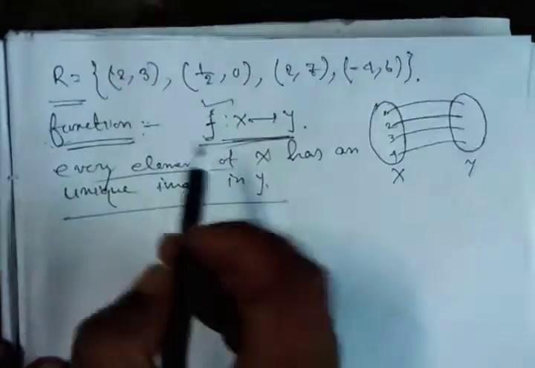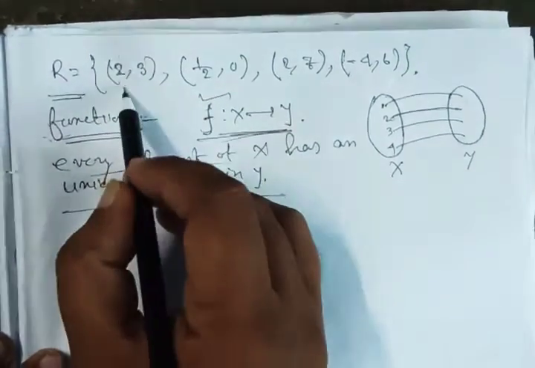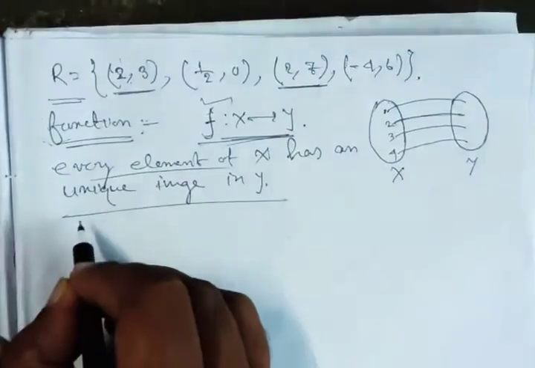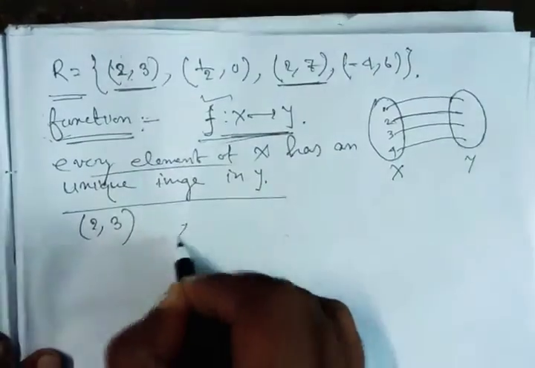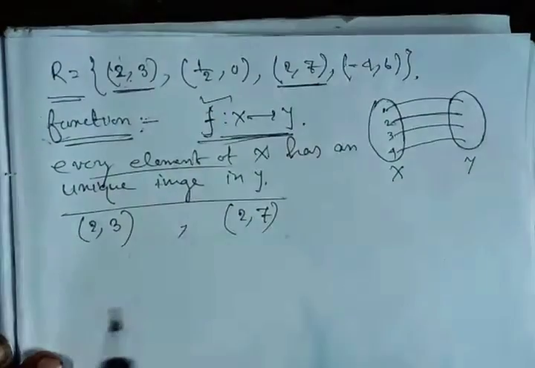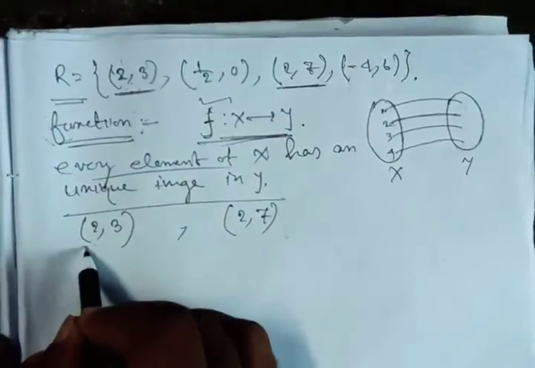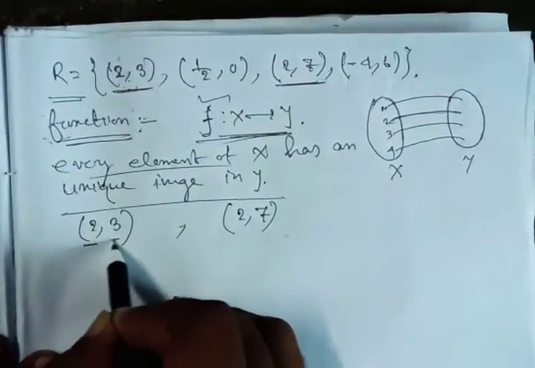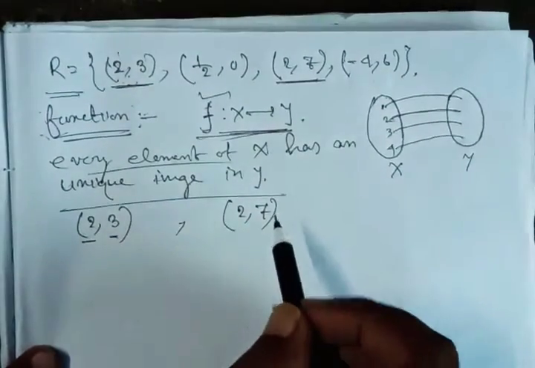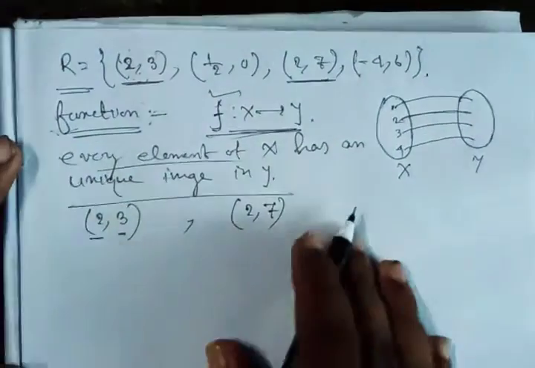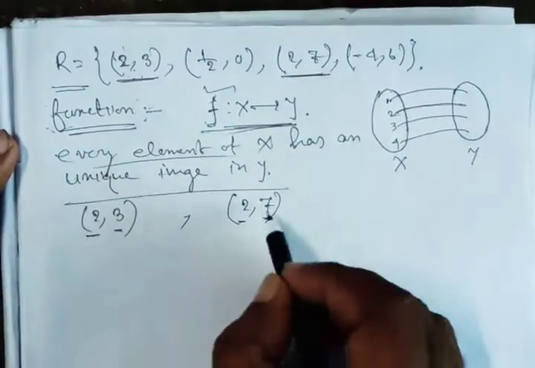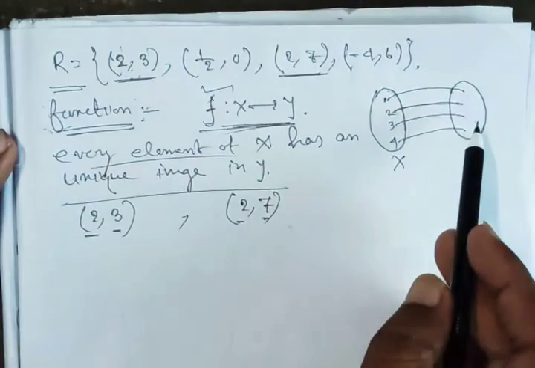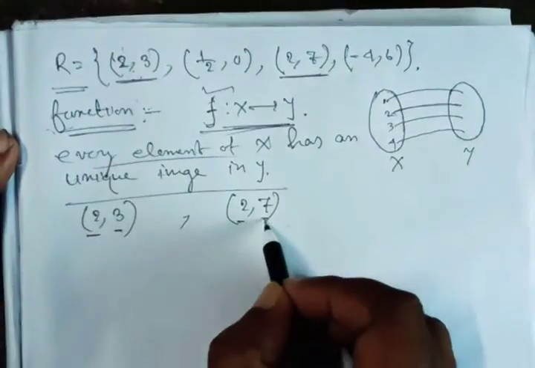Now we have to see here the ordered pairs (2, 3) and (2, 7). In this relation, this is the element of the first set and this is its image. Here also the element 2 of the same set has 2 images, not unique.